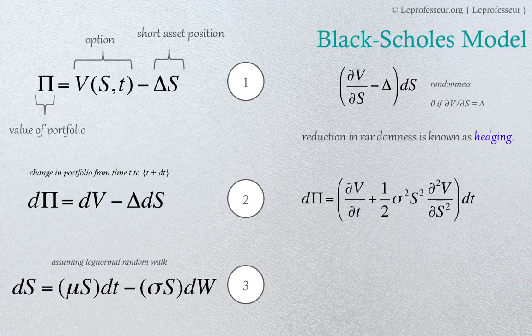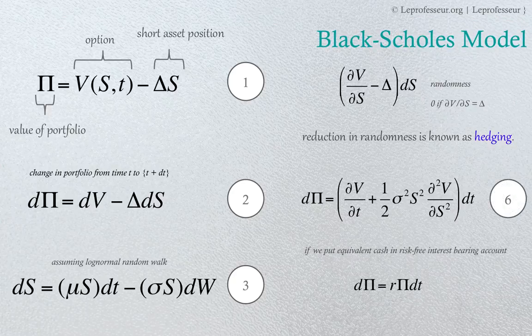If I invest the money in the bank, it's risk free, I'm not taking any risk, and I'm going to get a return at some interest rate. How much I'm going to get as a change if I put the money in a safe interest-bearing account is r dt. Good. Let's call it equation 7.